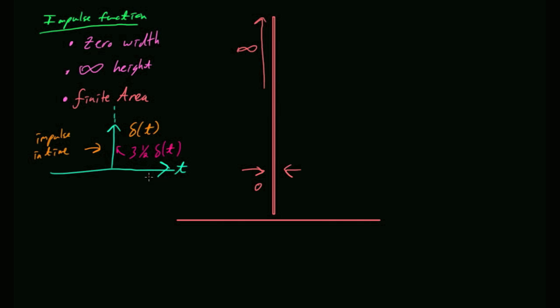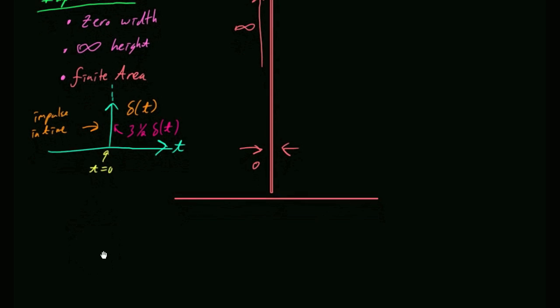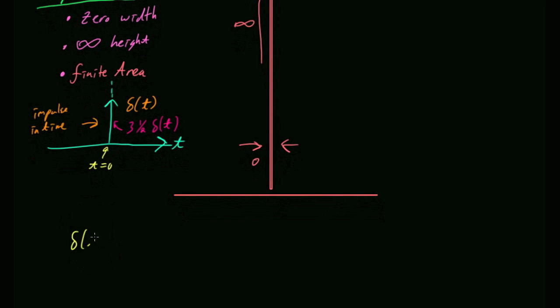The other thing about delta t is that the impulse is always located at t equals 0. What if I want to put my impulse somewhere else? Time shift, right? So if I say delta of t minus 1, that's an impulse that's located at t equals 1.